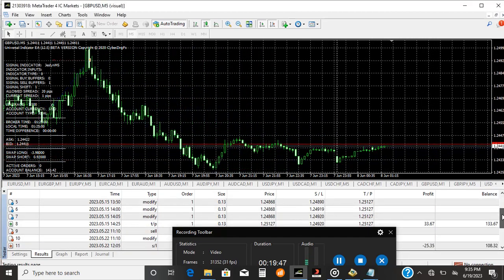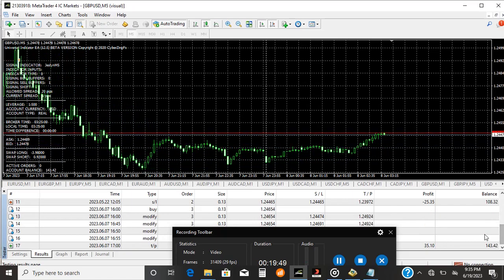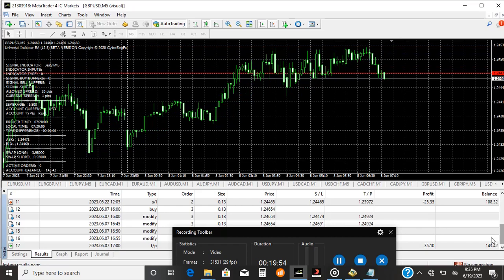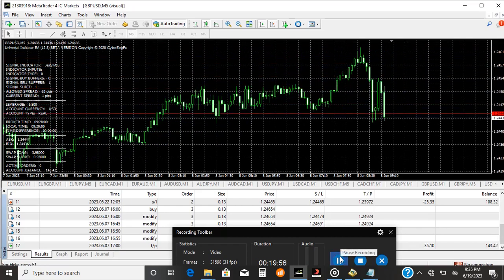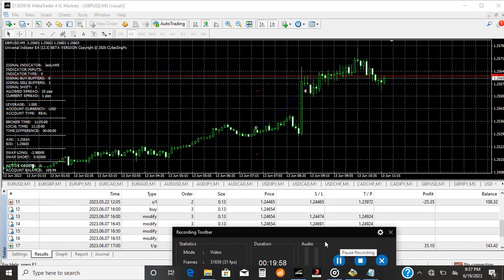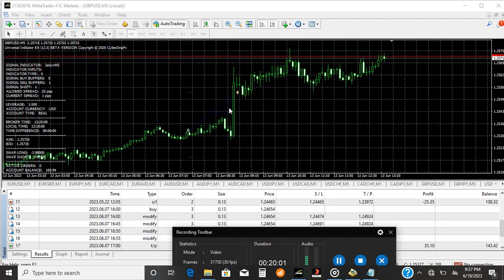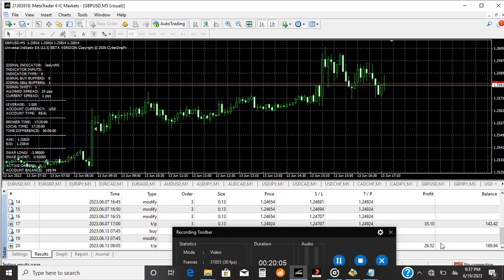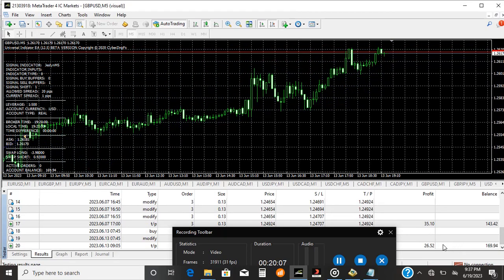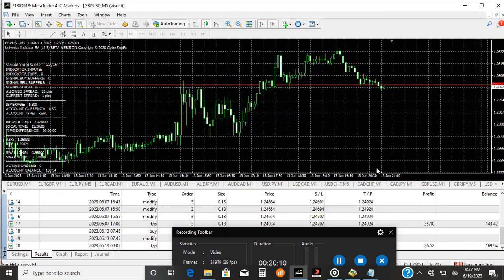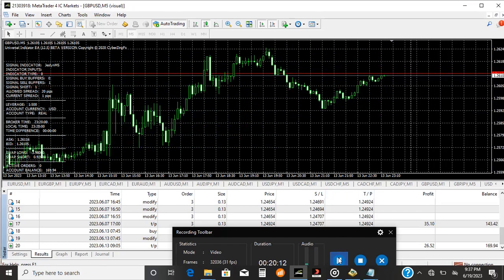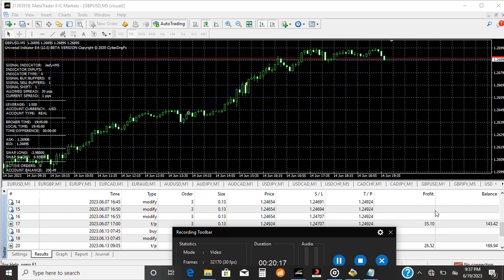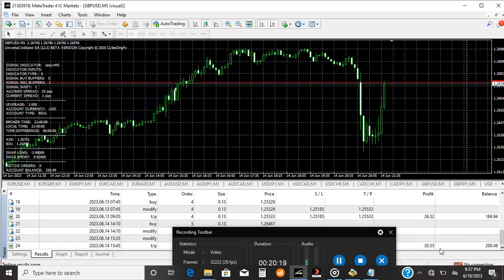We're having fewer trades, so we have 3 trades now. I'm going to pause this again. We had another trade, and this is the profit. Okay, I'm going to pause this. We had another trade again, and that's the profit.